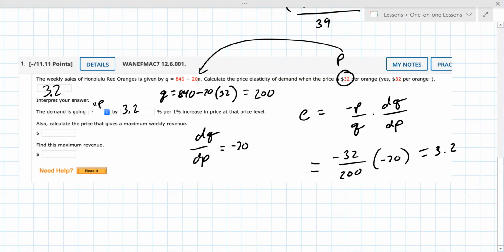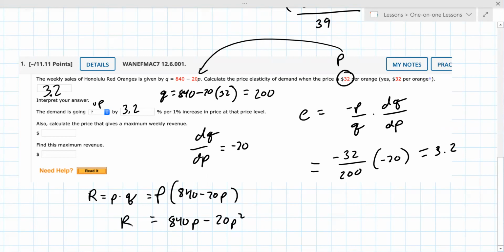Now the maximum revenue is price times quantity. There are a couple of ways to do this, but to me, this is the best way. You take your quantity function, 840 minus 20p, and you multiply it by price, and that gives you your revenue function, 840p minus 20p squared.